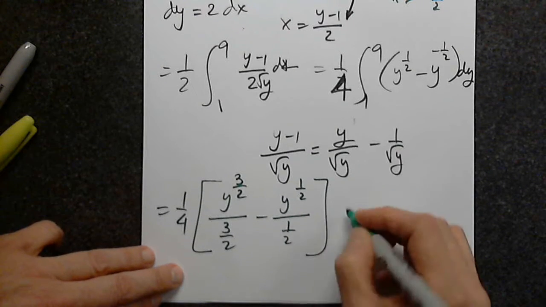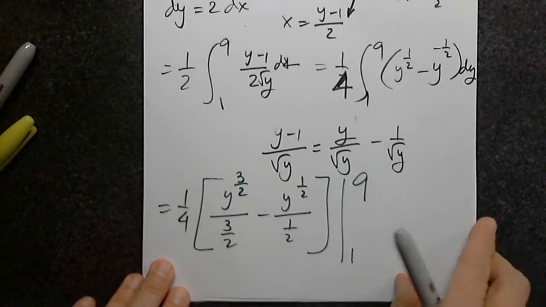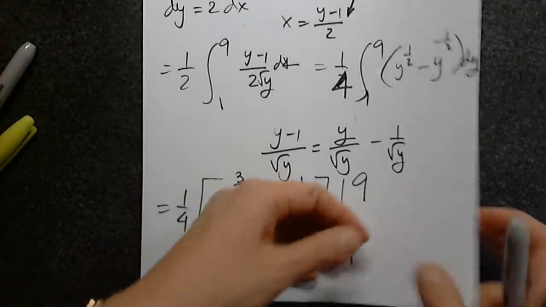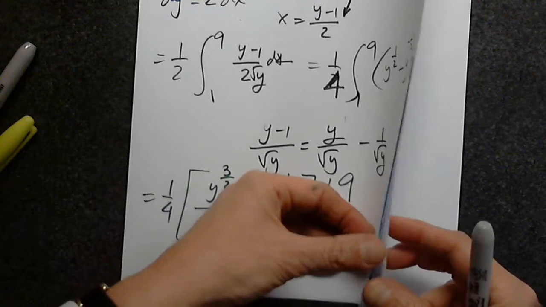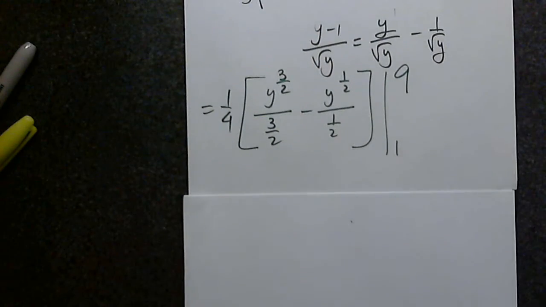It's a definite integral from 1 to 9. Any questions? I know it's not done. Any questions? I will clean it up a little bit more with these fractions in here, and then plug in 9, and then subtract when I plug in 1. Agreed?